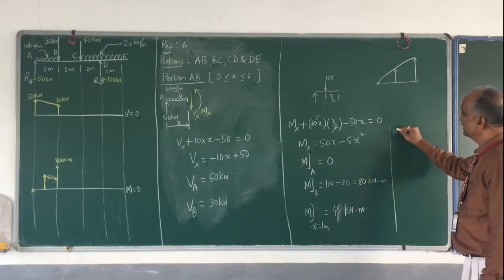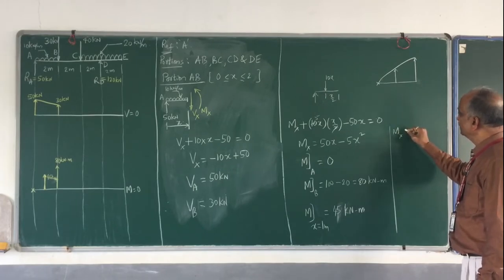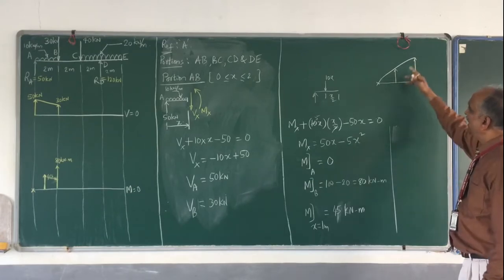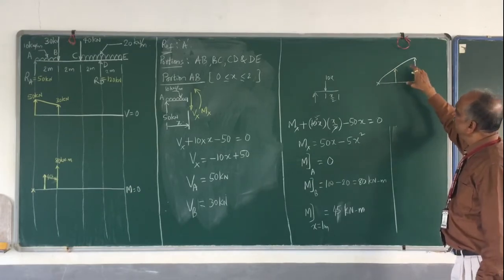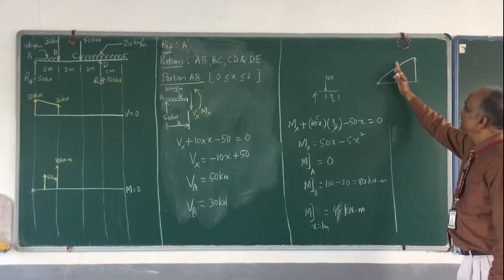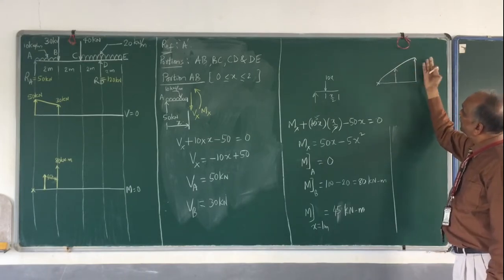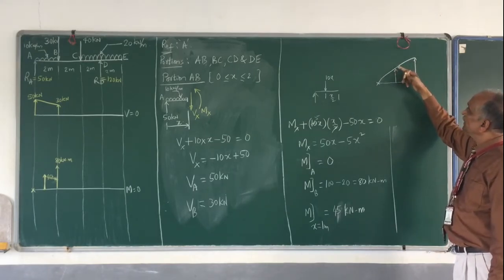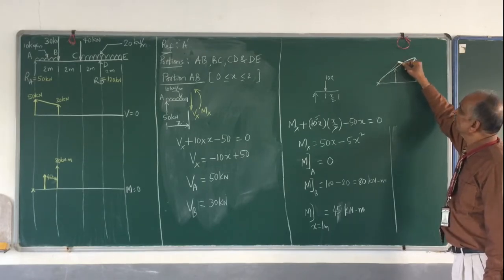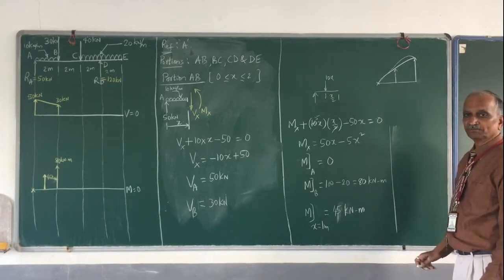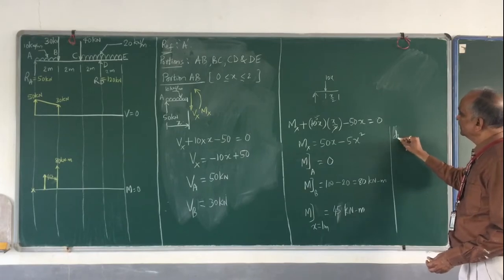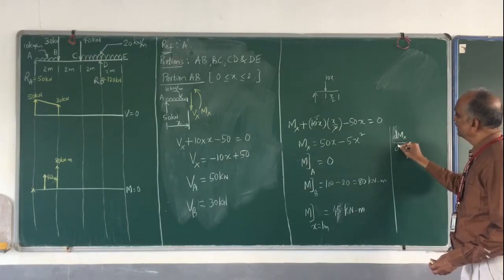I just want to know whether the maximum value occurs in between. So here it is 45, here it is 80, and I am not sure whether this bending moment is more than 80 in between. Is it possible it goes like this and it may come back like this? So to check that, I differentiate dMx by dx.